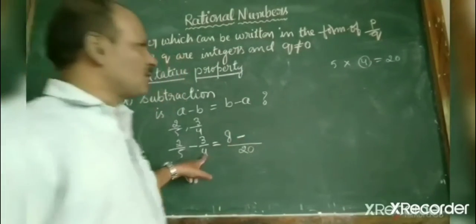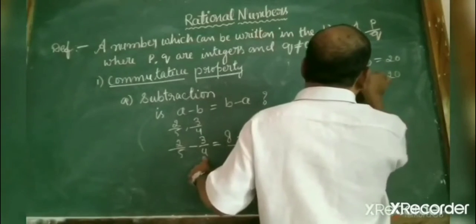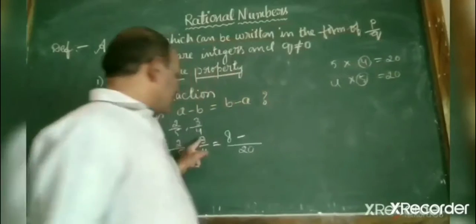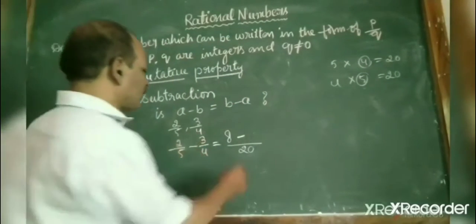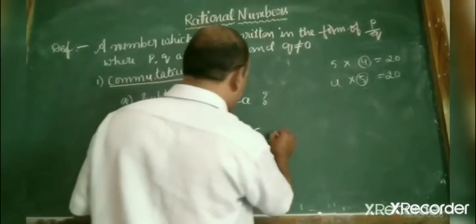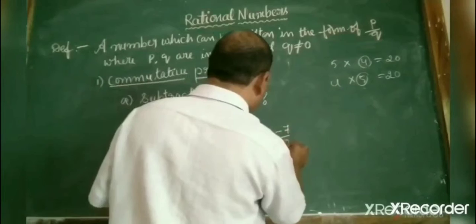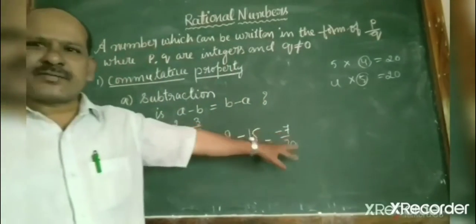Now check for 4: 4 goes how many times in 20? 5 times. That 5 into numerator 3, 5 threes are 15. 8 minus 15 is minus 7 by 20. For A minus B, I am getting the answer minus 7 by 20.